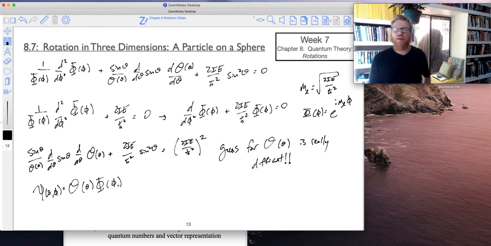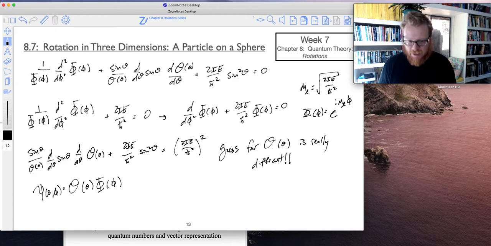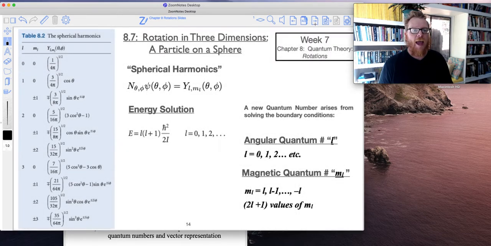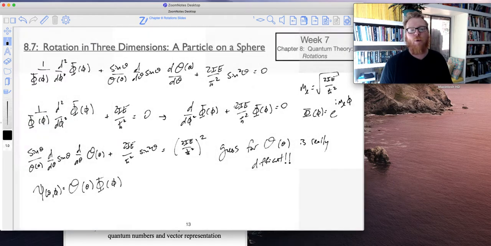When we recombine those results, so we put this e to the i ml phi back into here, and whatever crazy guess we've come up with for theta, we put back into here, we get a very special result, okay? And that special result is what we call the spherical harmonics, all right? So in other words, this theta of theta times phi of phi equals my original wave function, okay?